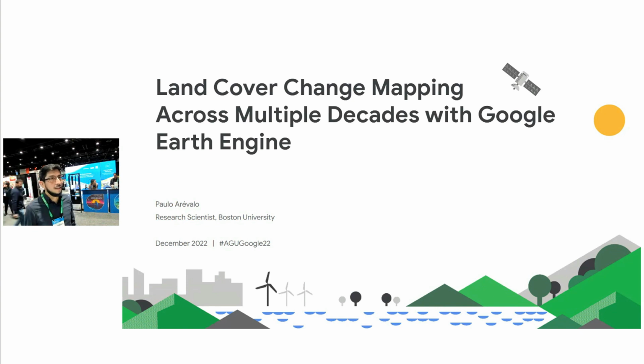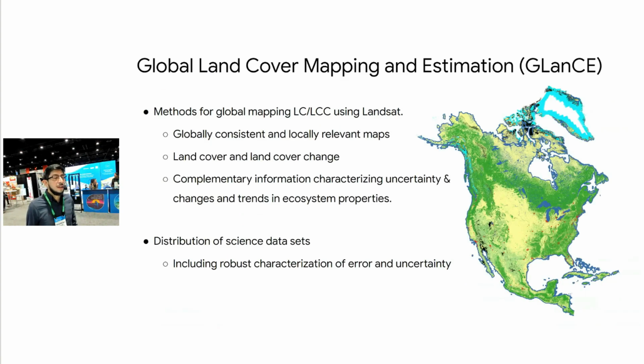I'm a research scientist from Boston University, and this talk today is about how at Boston University we're using Google Earth Engine to do land cover and land cover change mapping across multiple decades using Landsat. The project that we're part of is the Global Land Cover Mapping and Estimation, or GLANCE for short.